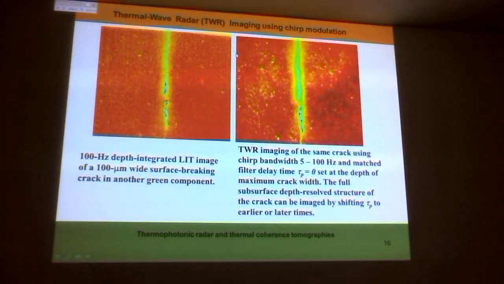You see again the 100 hertz depth integrated lock-in thermography image, and this is a thermal wave radar image between 5 and 100 hertz. Here I see the crack being a lot more present. So that works very nicely for non-destructive testing. Also, of course, if you do depth profilometry, if you so cared, which most of the industry does not care, you can do depth profiling of the crack. Just by changing the frequency spectrum, how deep does the crack go?